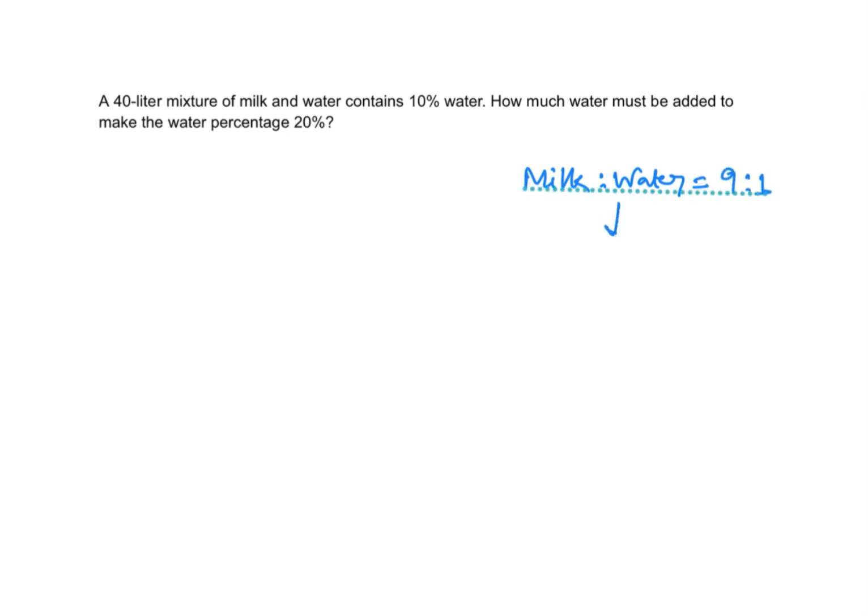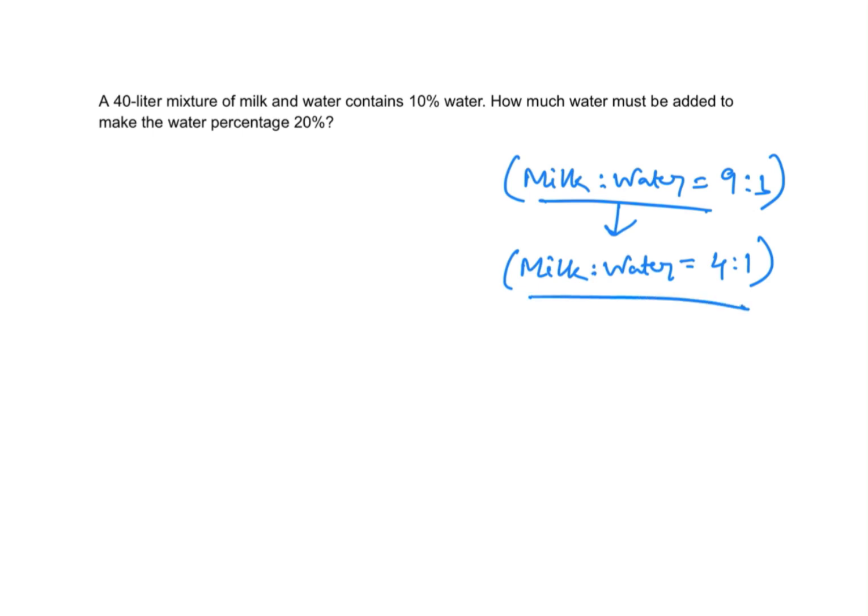Now we have to make this ratio of milk to water. In the new mixture 20% is water, so if 20% is water, then 80% will be milk, so 80 by 20, it will be 4 is to 1. So this is there, and we have to make it this one.